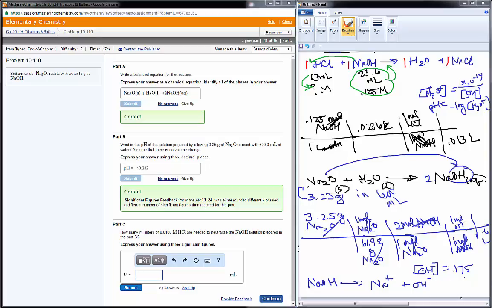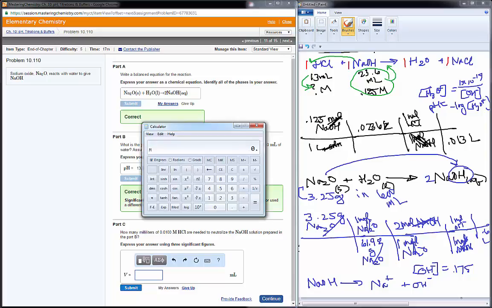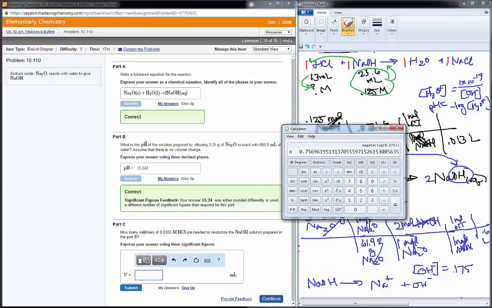So if I made the mistake of taking, say, the minus log of this value, 0.175, thought, oh, I'm there, I'll take the log, and said, oh, my pH is 0.75, that should be a clue. Hey, that's a really acidic pH. That would not be the correct pH for a base. That might tell you that you need to look at your method again and see if you missed a step.